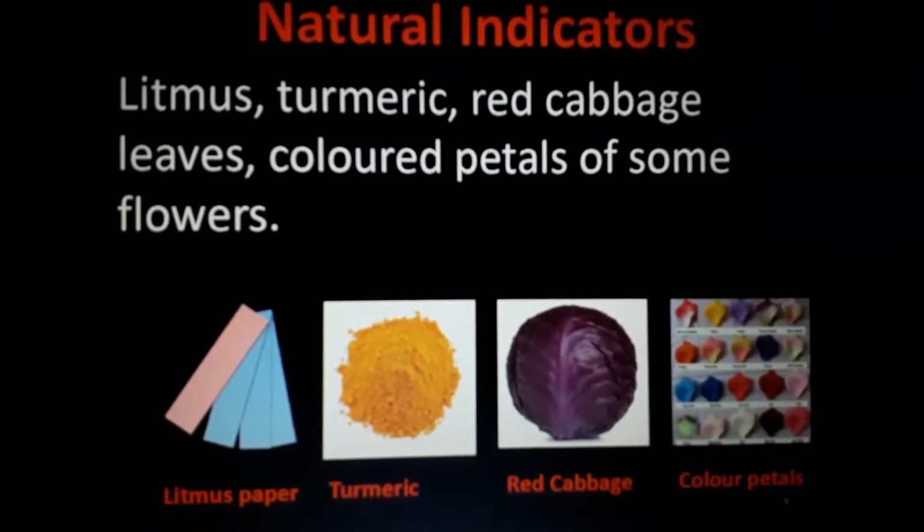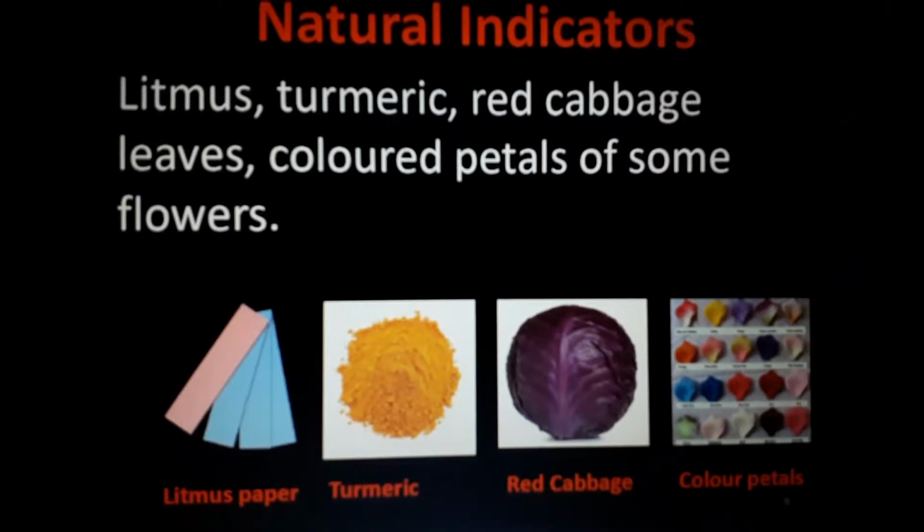Have you seen turmeric stains in clothes? If you are eating some curry, in most curries we are using turmeric, isn't it? And if that curry falls onto your clothes, what will happen? A yellow stain will come. A stain is very difficult to go. And when we use washing powder or detergents in our home, actually detergents are basic in nature, isn't it?